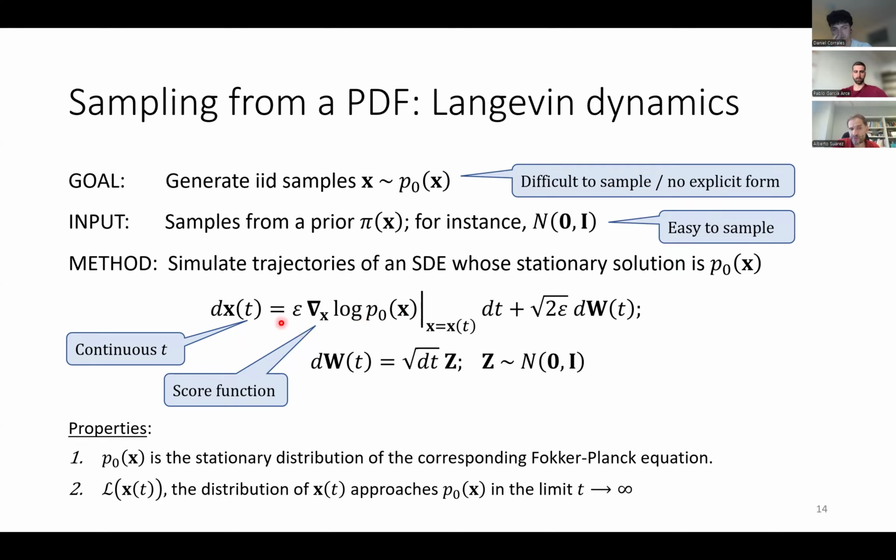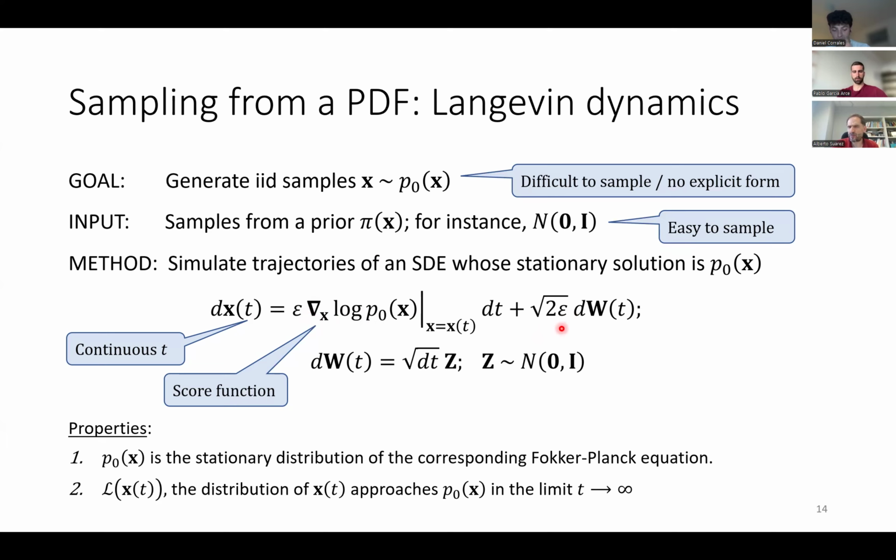And what's interesting also is that that's independent of epsilon, provided that epsilon is large. Okay, the issue of how to choose epsilon is not an issue related to what is the asymptotic distribution, what is the limiting distribution of this stochastic differential equation. We know that the limiting distribution is P0 independently of what the value of epsilon is.